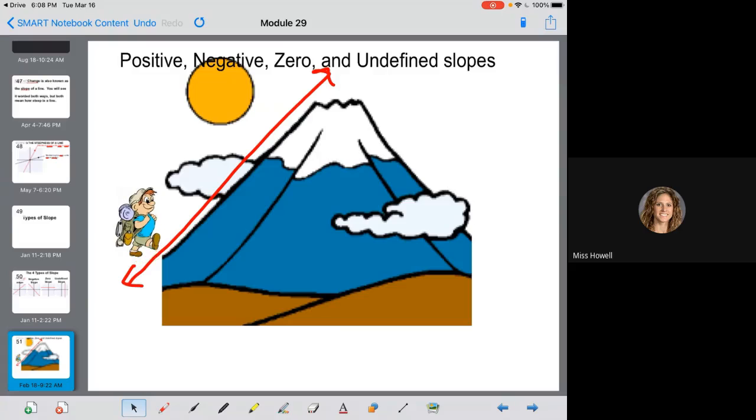Now, even if the mountain was steeper like this, or a little bit flatter going this way, if you're starting low and heading towards the top of the mountain, that's type number 1, up the mountain from low to high, then we have what's called positive slope.